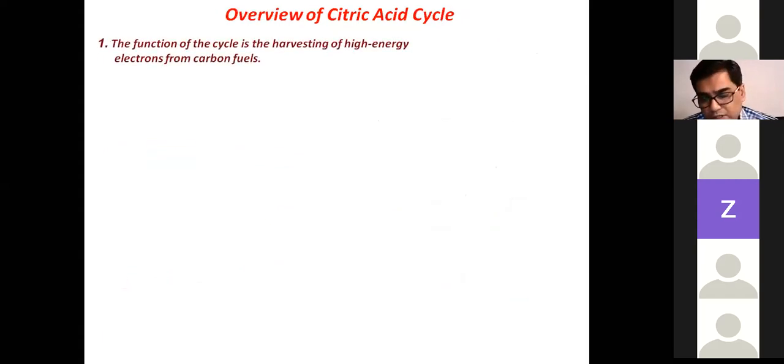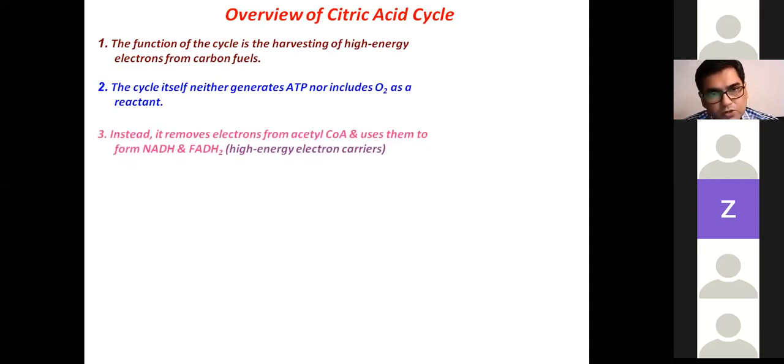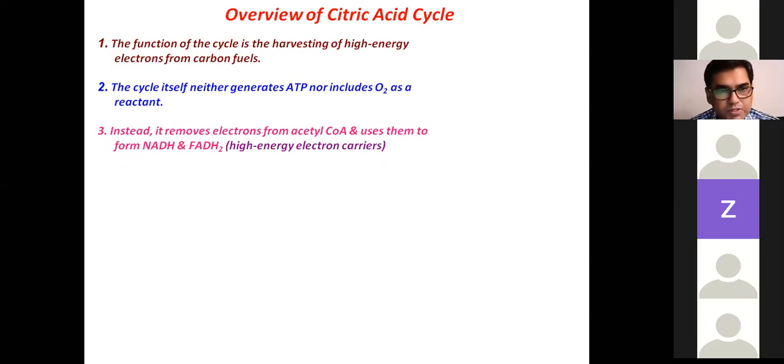Now, what are the functions of it? As I told you, it extracts some ATPs, energy, from the fuel molecule, right? So energy generation is a purpose. It removes electrons from acetyl-CoA and uses them to form NADH.